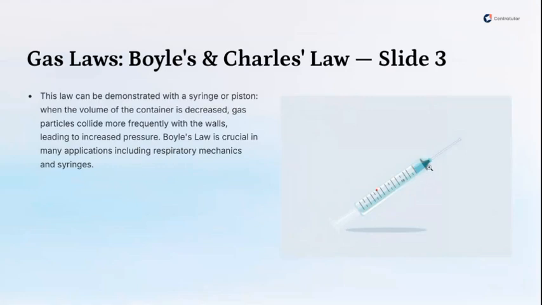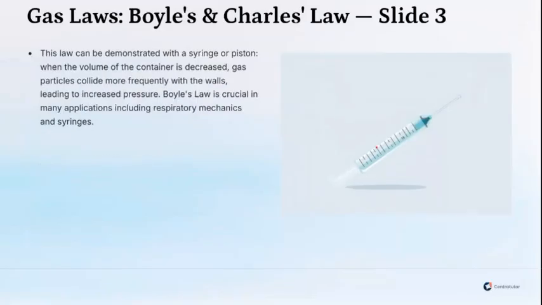This can be used to give people a visual understanding of what Boyle's law means: as pressure increases, the volume will always want to reduce. That's what Boyle's law tries to show. Boyle's law is crucial in many applications, including respiratory machines and syringes, as I just showed. So let's move on to Charles' law.